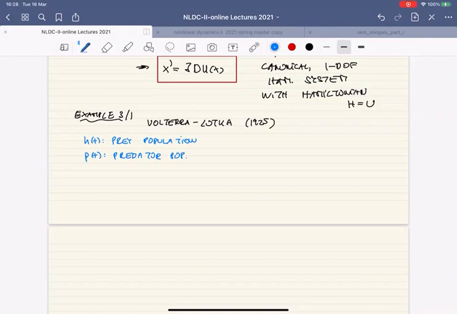Then both of these only make sense if they are positive or zero. If one of them goes extinct, then your first inclination to model this is the following. Well, the prey by itself would grow exponentially, right? So it would satisfy a linear differential equation like this with some constant a1, okay?